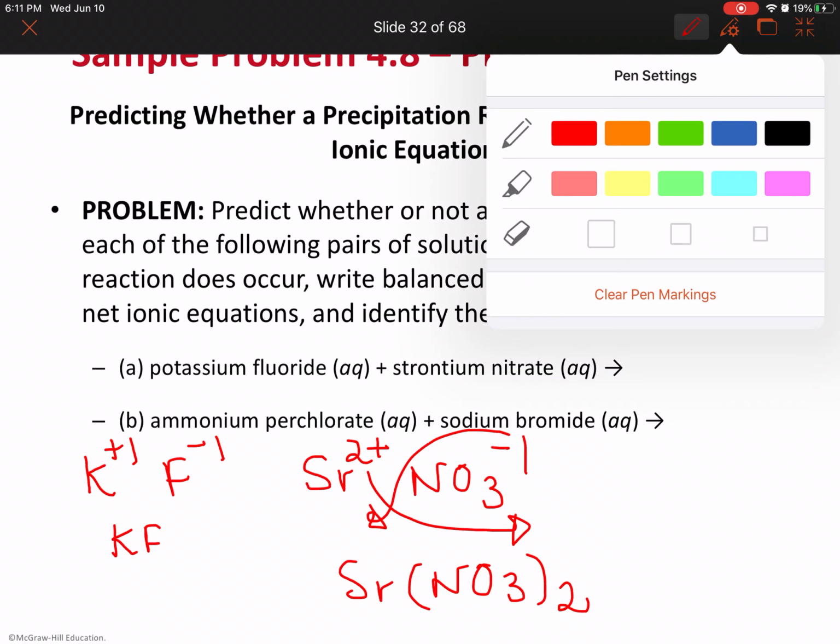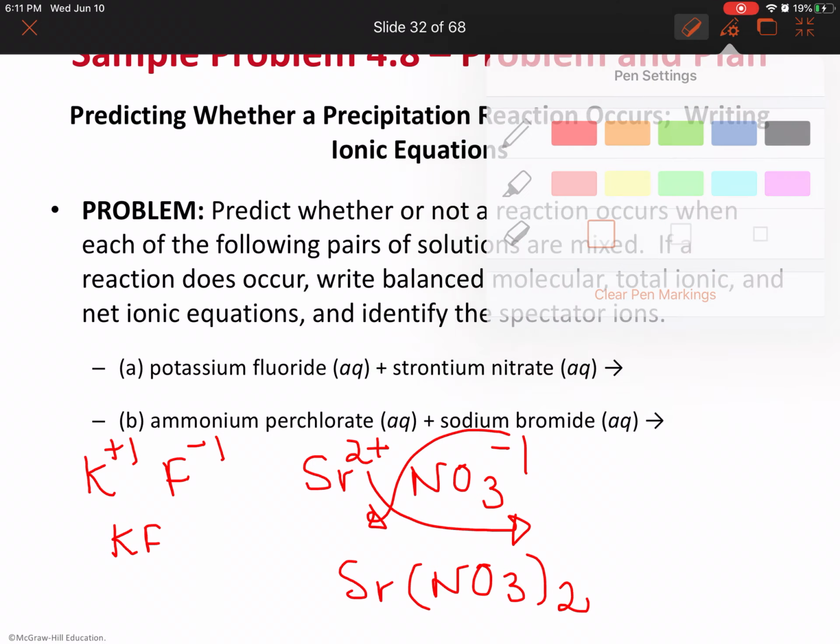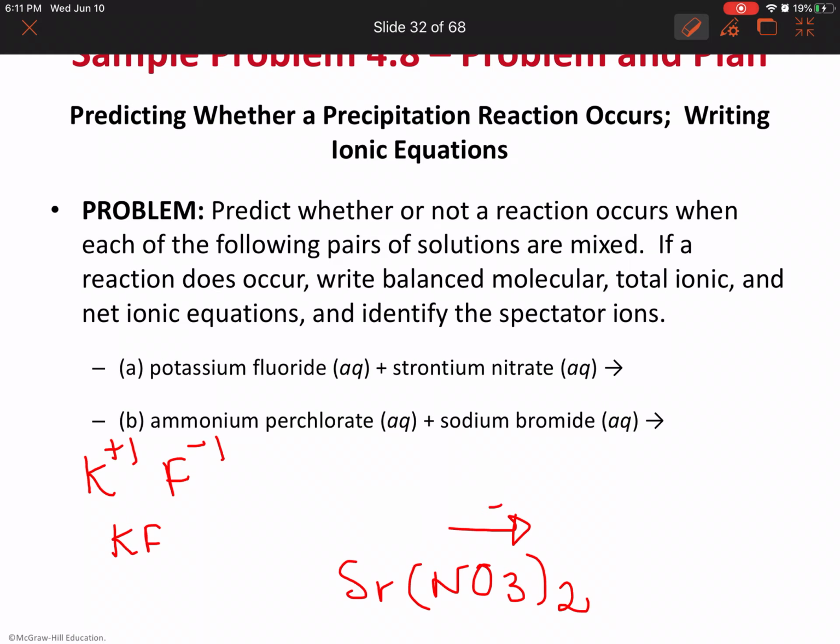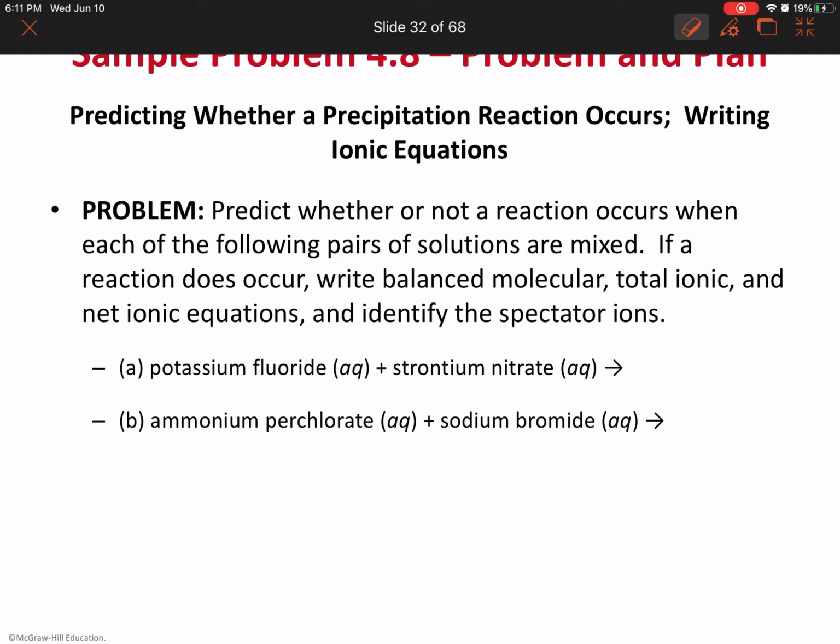And then we need to know how to write the balanced equation. Once you figure that out, let's see how to write the molecular formulas for the products. Potassium fluoride plus strontium nitrate. What are the products that we're going to form? Remember, a positive ion is going to react with the negative ones.